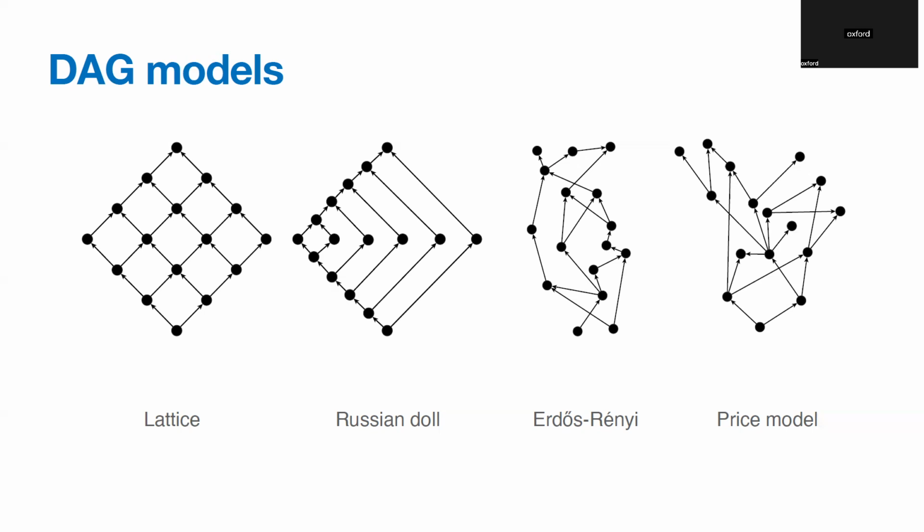And finally, the Price model, which is essentially a directed version of the Barabasi-Albert model. And if I'm not wrong, it actually predates it. It's from the 70s originally. And funnily enough, I think it was developed to look at citation networks.